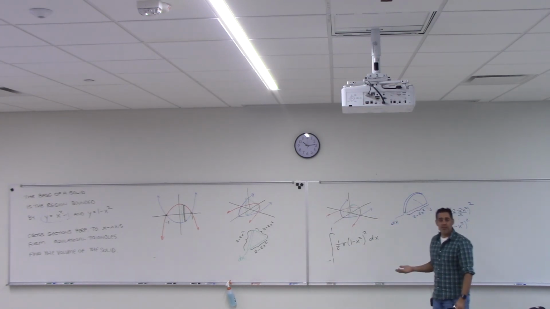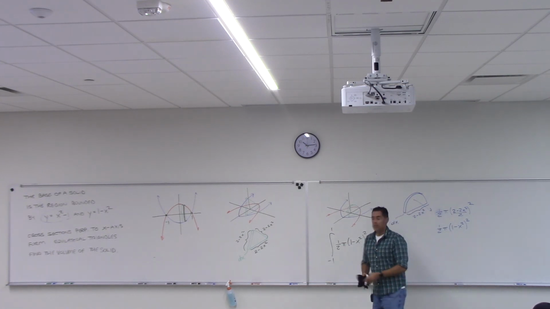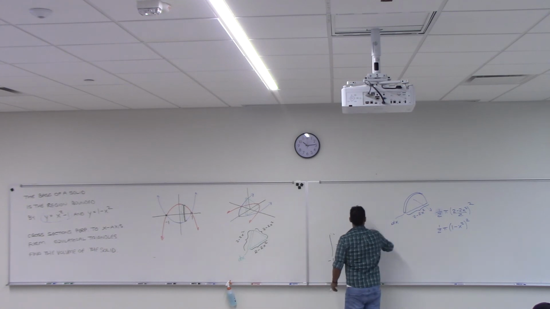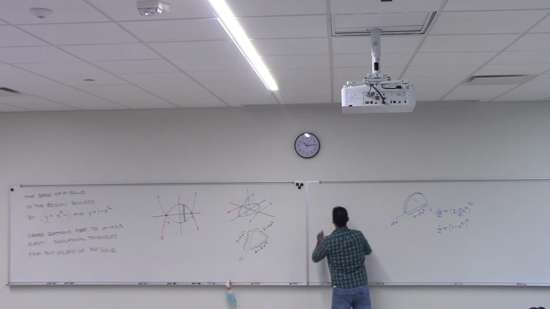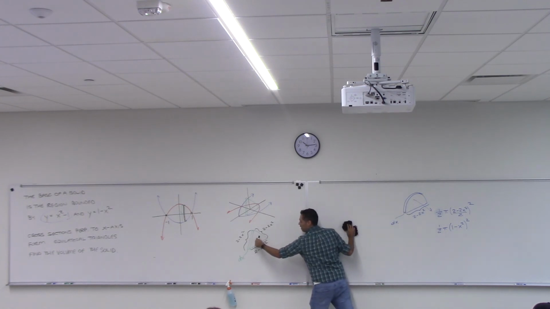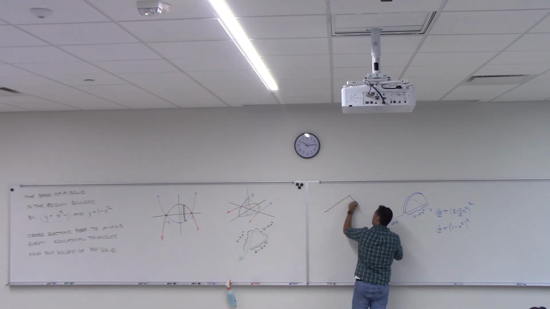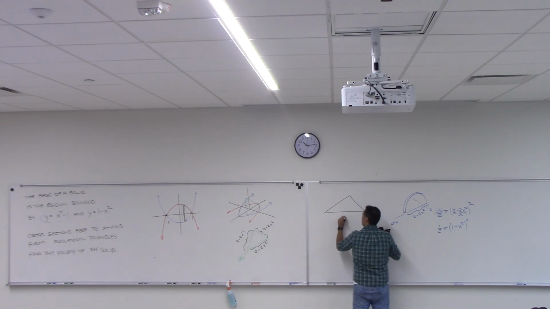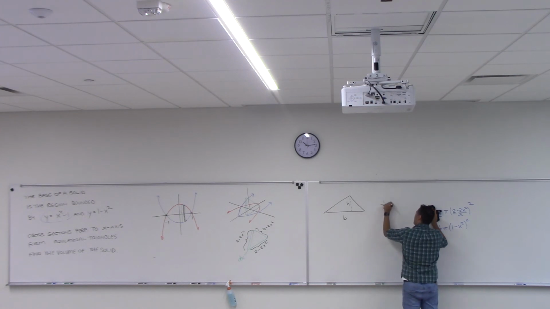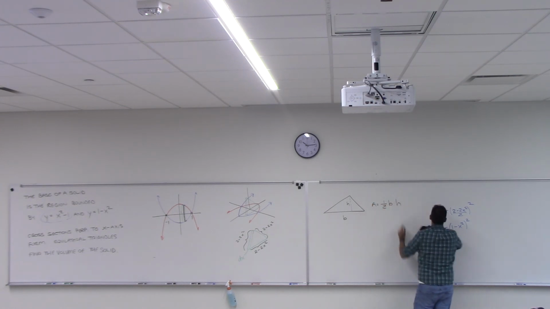So what's the area of a triangle? It's one half base times height. If somebody gives us a triangle, and this is the base and this is the height, the area is 1/2 base times height, right?